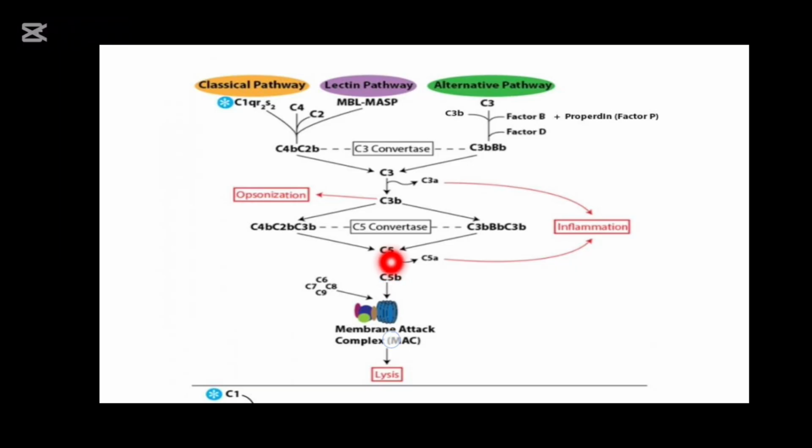C5 is cleaved into C5a, which is also used in inflammation. Then we have C5b, which combines with C6, C7, C8, and C9 to form the membrane attack complex. Then it leads to cell lysis at the end, as you can see. It is as simple as this.